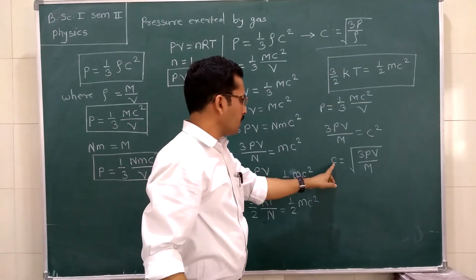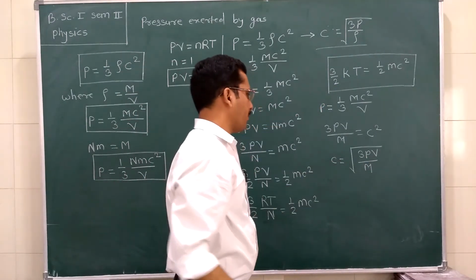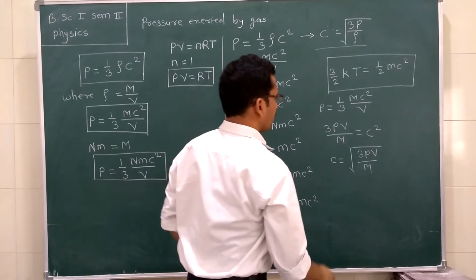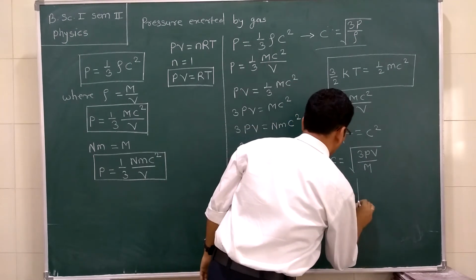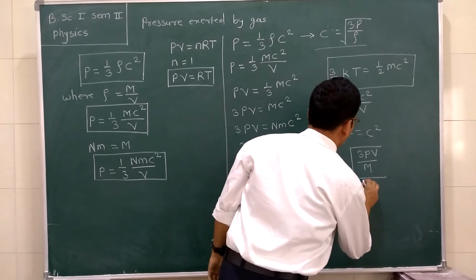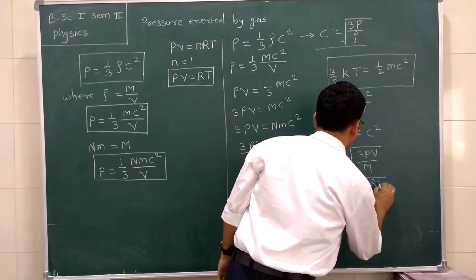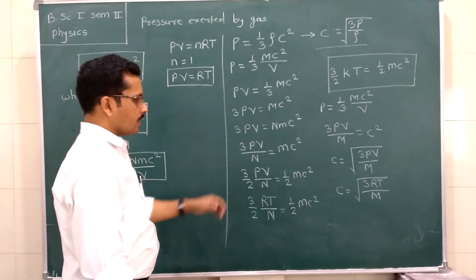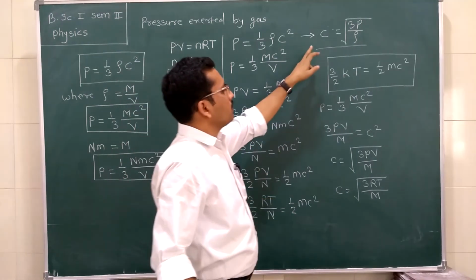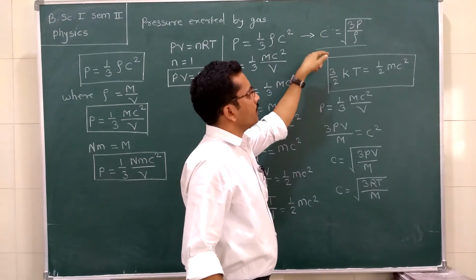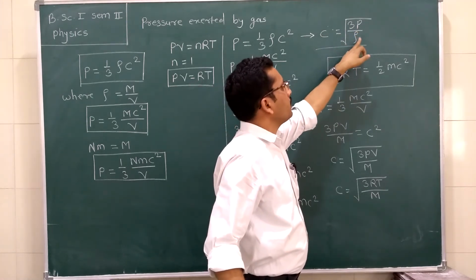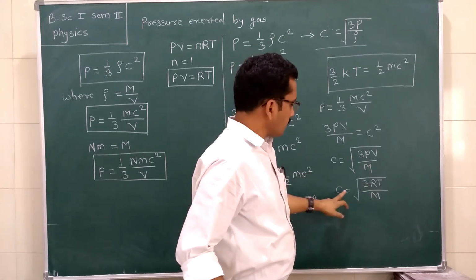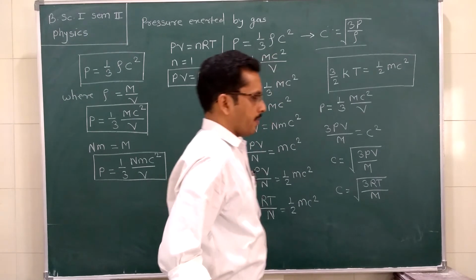This is also equation 3, c is equal to under root 3PV divided by M. If we put PV is equal to RT, which is the ideal gas equation, then c is equal to under root 3RT divided by M. So these are the relations for the RMS velocity of a gas molecule in a container: c is equal to under root 3P divided by rho, under root 3PV divided by M, as well as under root 3RT upon M.